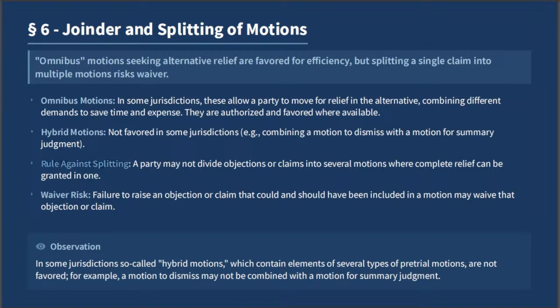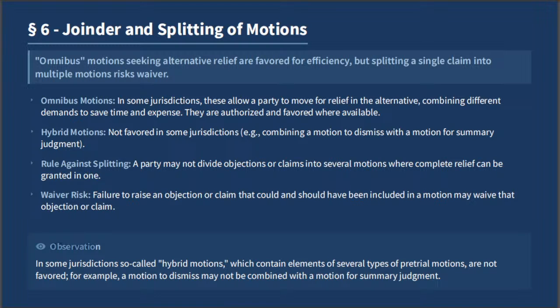Rule against splitting: a party may not divide objections or claims into several motions where complete relief can be granted in one. And then there's the waiver risk. Failure to raise an objection or claim that could and should have been included in a motion may waive that objection or claim. So the waiver risk, that's why it's important to ensure the motions include all the objections or, I guess, counterclaims here.